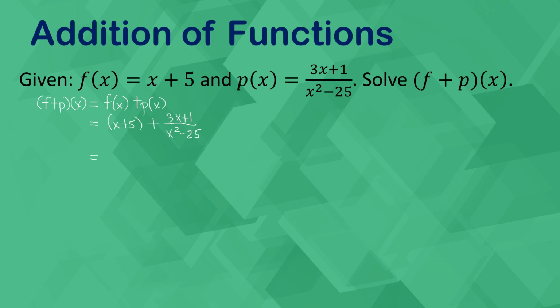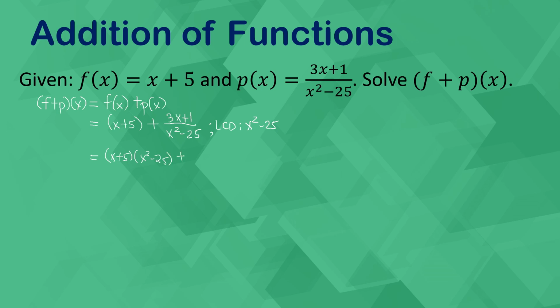So pag wala po kayong nakikitang denominator sa isang whole number or katulad nitong x plus 5, it is implied that the LCD is 1. Okay? So the LCD is x squared minus 25. So LCD, x squared minus 25, divided by 1 is x squared minus 25 times the numerator, that is x plus 5, times x squared minus 25.